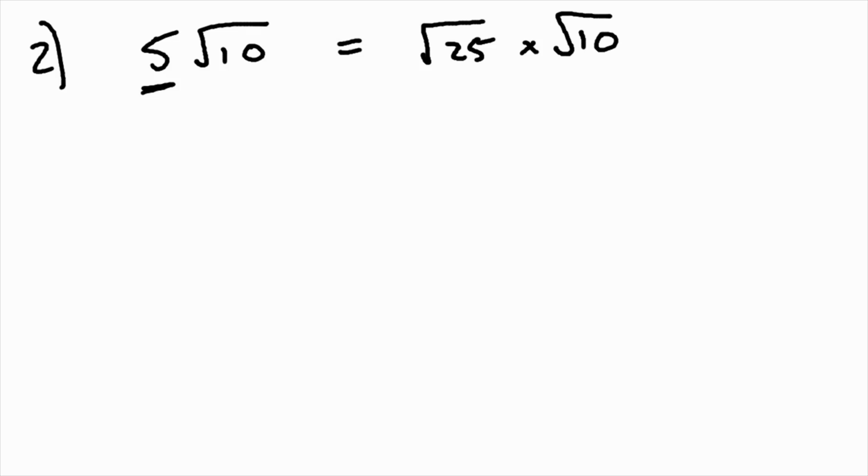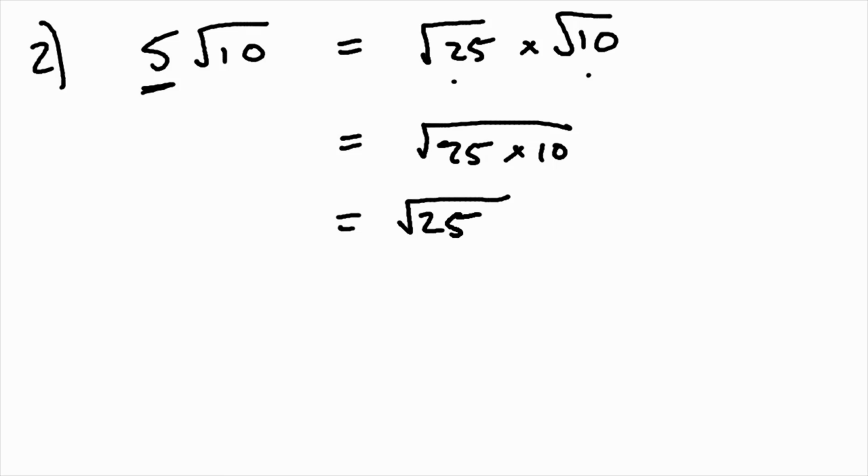And we're still multiplying by root 10. Now, these two roots can be represented under one square root, 25 times 10. And doing that calculation will give us root 250.